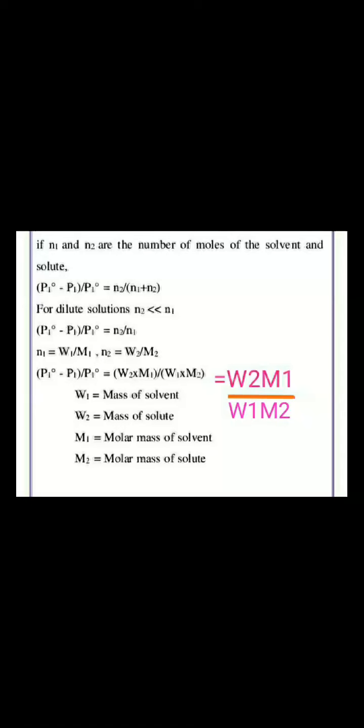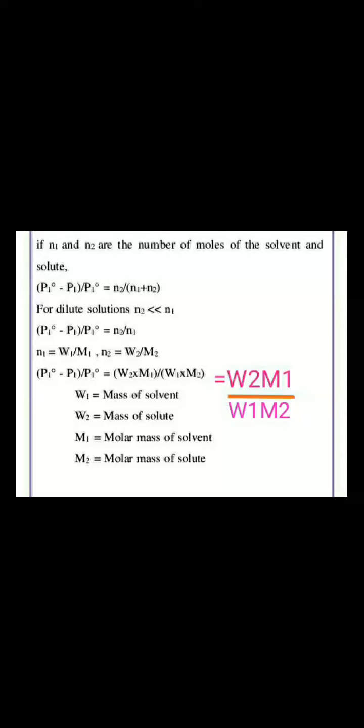Thus, by knowing the masses of non-volatile solute and volatile solvent, that is W2 and W1 respectively, and the vapor pressure of solvent and the solution, it is possible to determine the molecular mass of non-volatile solute.